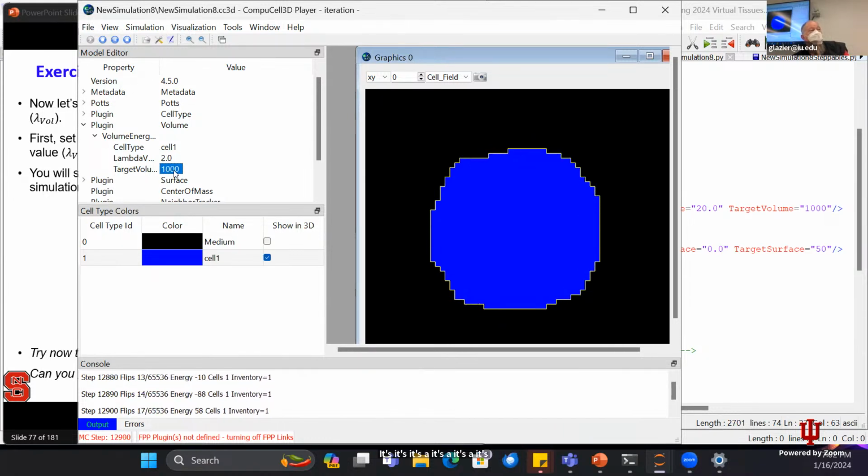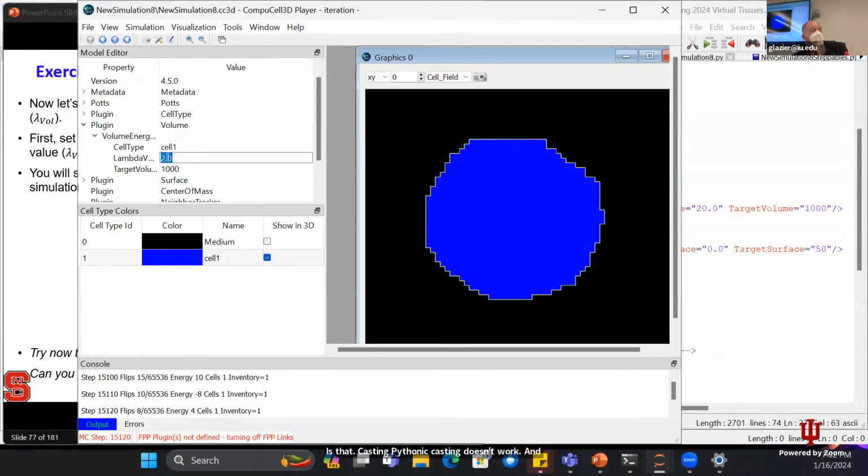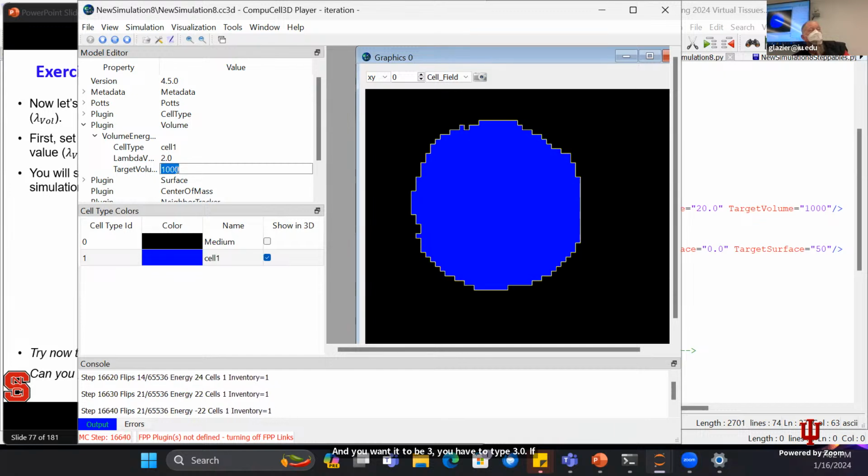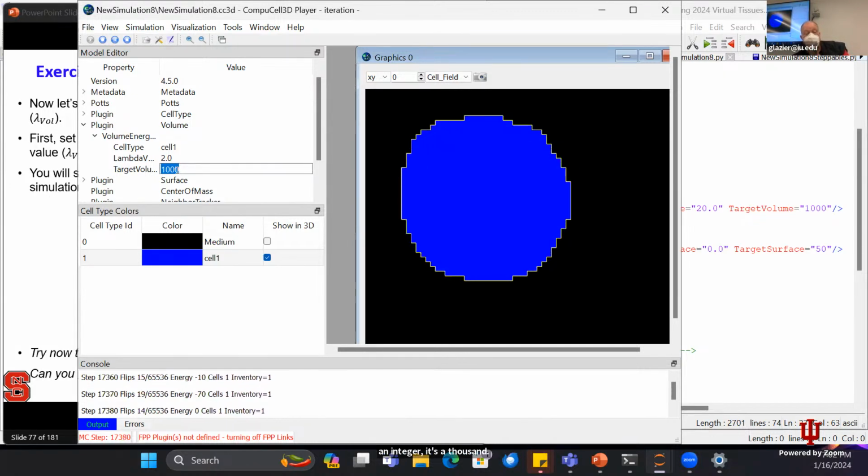The other thing that you have to be a little bit aware of in the model editor is that Pythonic casting doesn't work. So if it's 2.0 here and you want it to be 3, you have to type 3.0. If it's an integer, say 1,000, and you want to make it 2,000, you have to type 2,000, not 2,000.5.